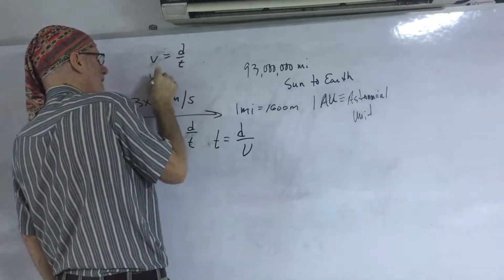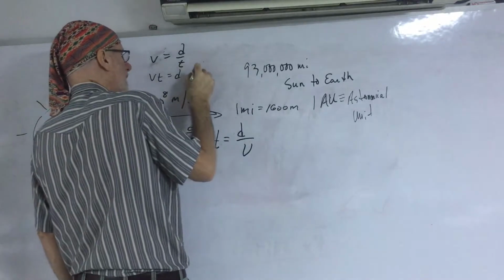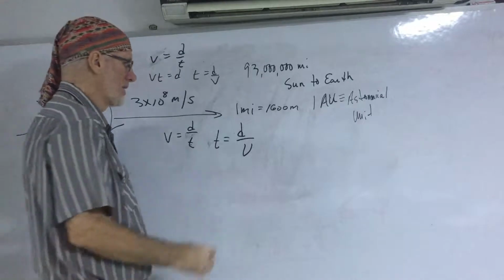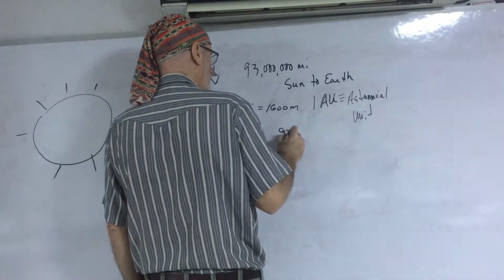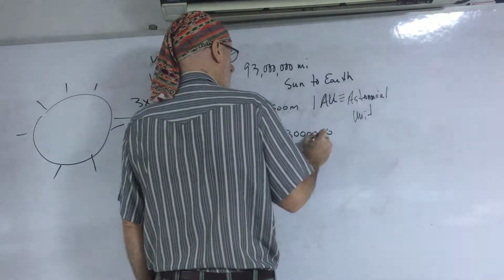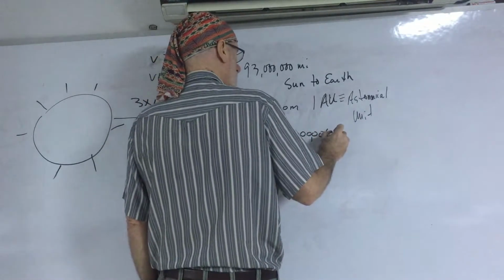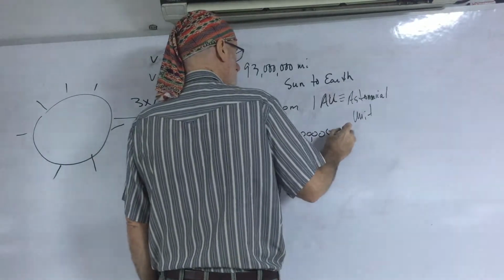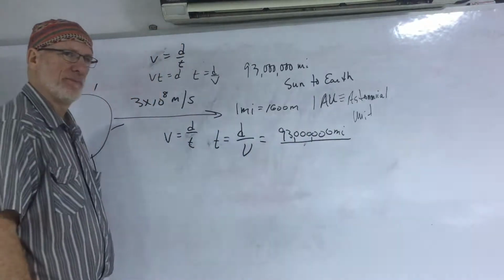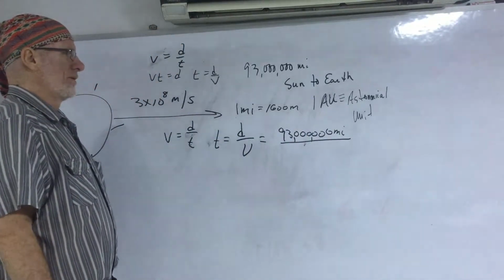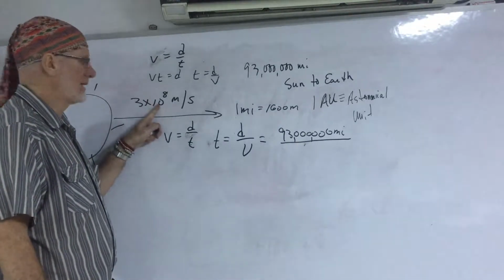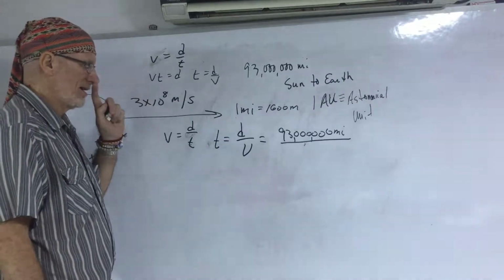Multiply both sides by t, I get vt equals d, and then t equals d over v. Okay, so it's going to be 93 million miles, divided by 3 times 10 to the 8th meters per second.